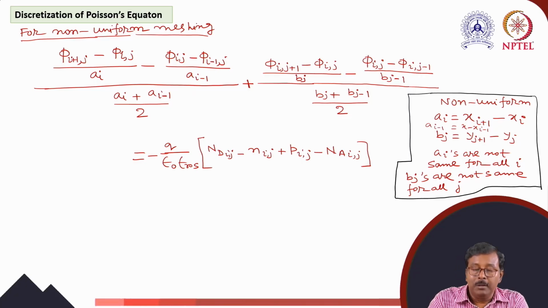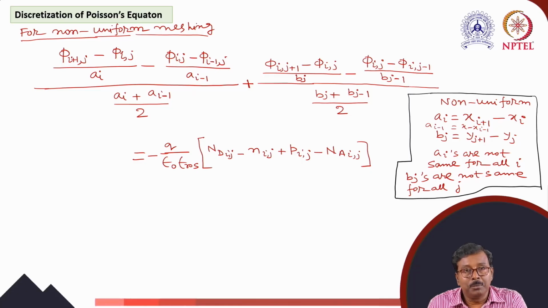Now whether uniform meshing or non-uniform meshing, whatever may be the case, you have to write these types of equation for all nodes. This particular equation we have written for a node i,j, a particular node, maybe 2,3, maybe 4,4, whatever. So for all the nodes, if you write, there will be a series of such equations.